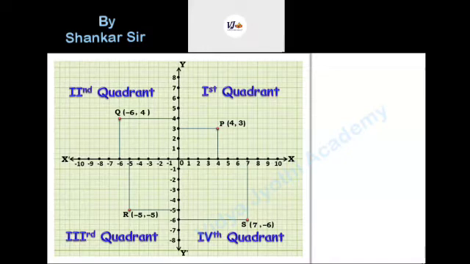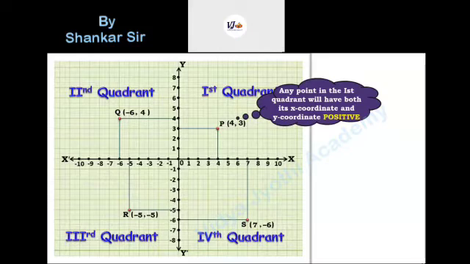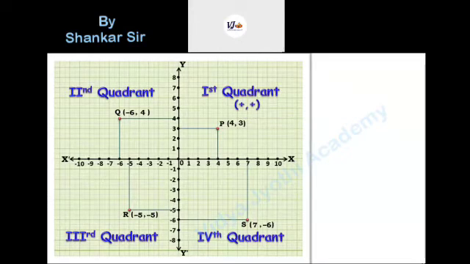Now observe the sign conventions here. In the first quadrant, both are positive. In the second quadrant, which coordinate is negative and which is positive? The x coordinate is negative and the y coordinate is positive.